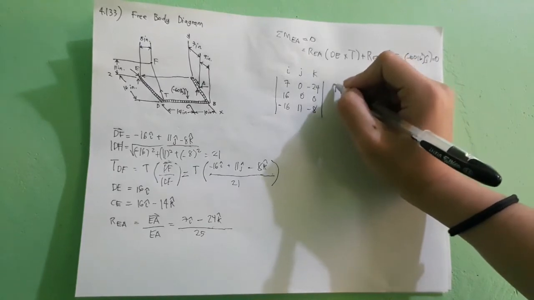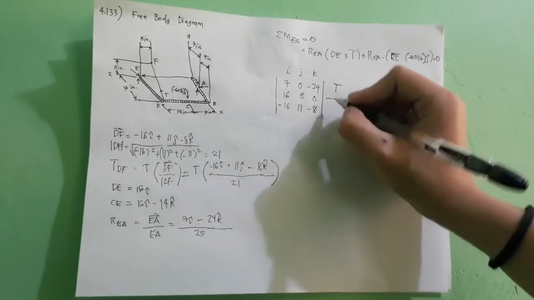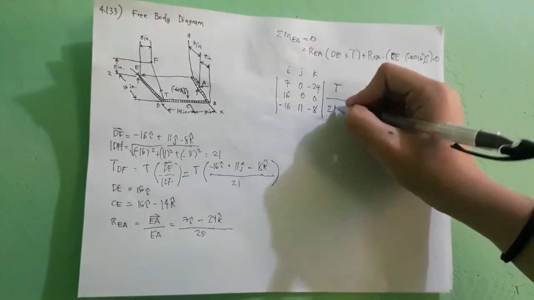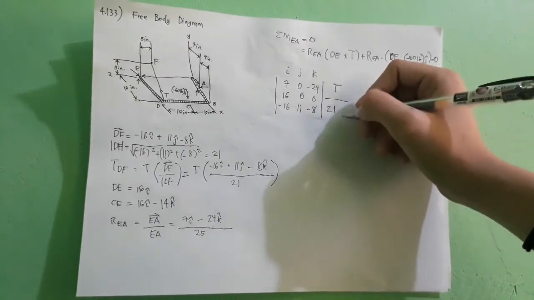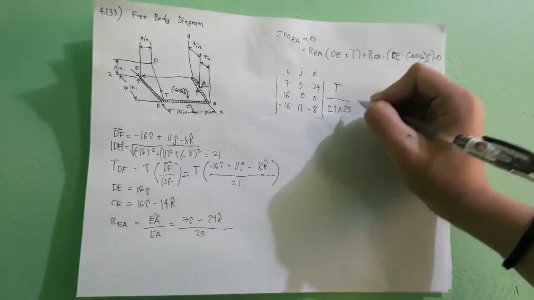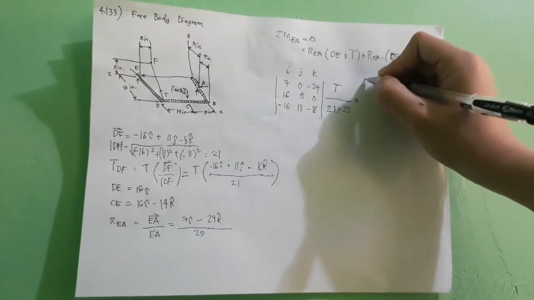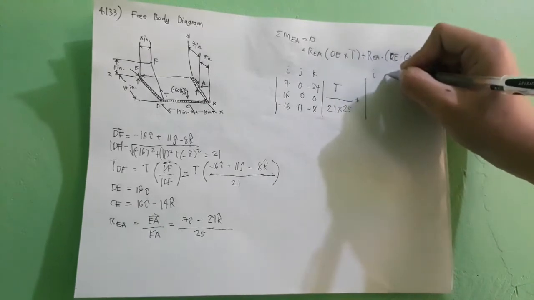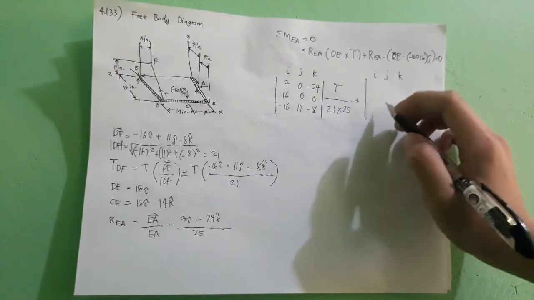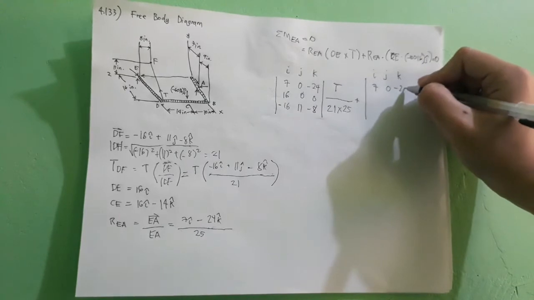So T over 21 times 25, plus REA: 7, 0, negative 24.